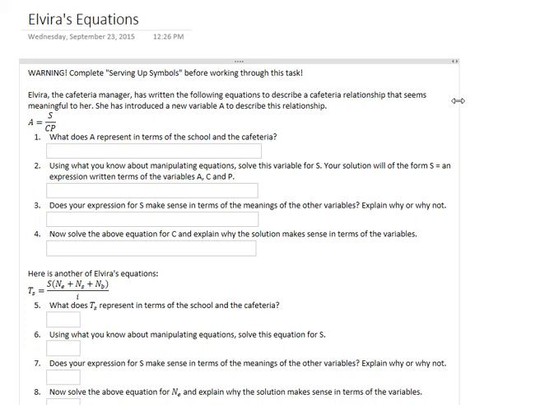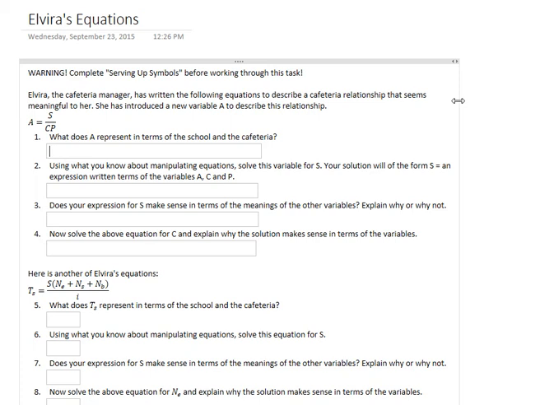She is writing equations to describe some relationships that she might want to be able to talk about. And to do that, she might need to make some new units. She has invented a new variable she's calling A to describe the relationship below. We have A equals S divided by CP.